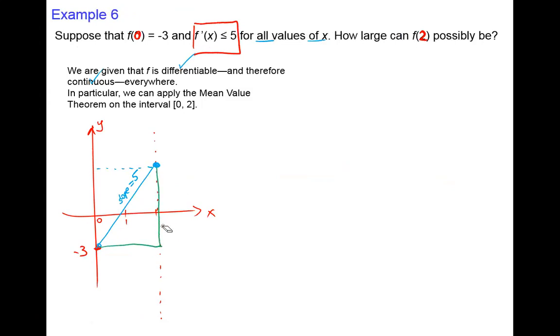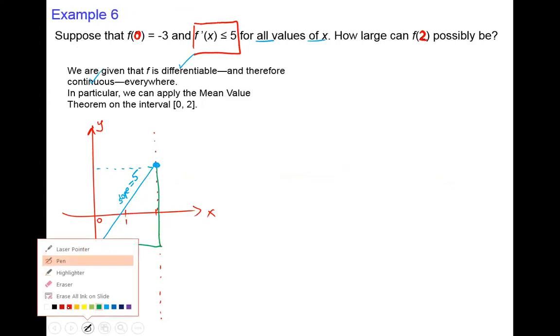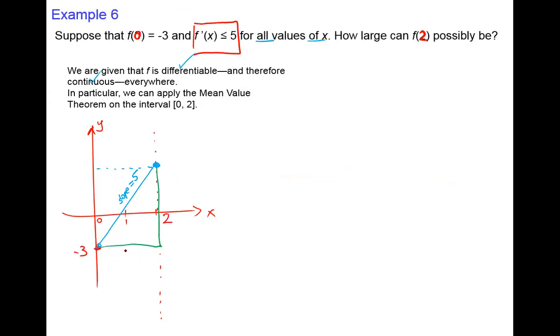Okay, we know this distance. This distance is 2. Run. I don't want to mess up. What do you think? What must the rise be in order to have the slope 5? Because it's rise over run.